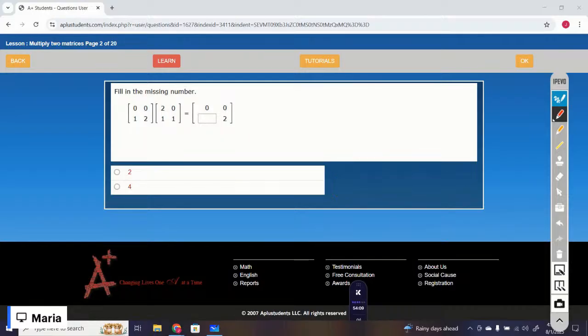The missing number is 2. Option number 1 is the correct option.